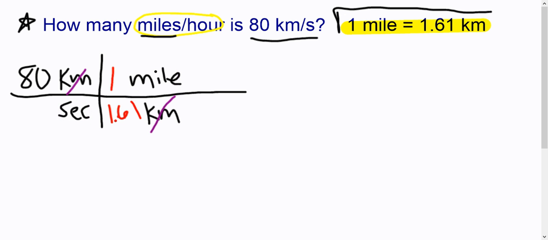We want miles per hour. So, okay, we have now gotten the top unit to be what we want it in. Now we have to change this bottom one. We need to get this seconds and we need to convert it. Okay, now remember I said if you want to cancel units on the top, and if you want to cancel units, then you be on the top and the bottom. So kilometers was on top, so we cancel it by putting it on the bottom.